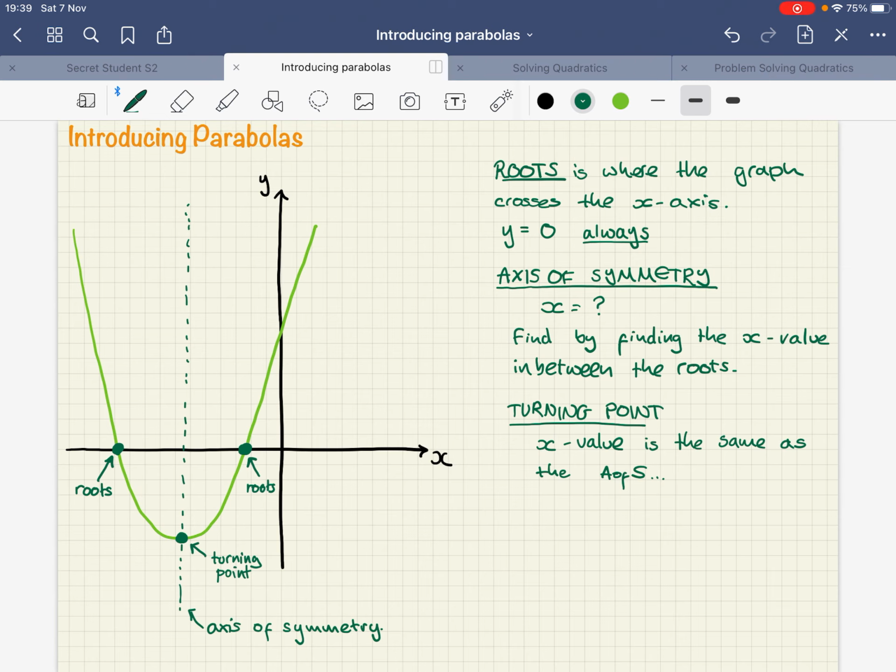And so in order to find the y value, we substitute the x value into the equation that you are given.